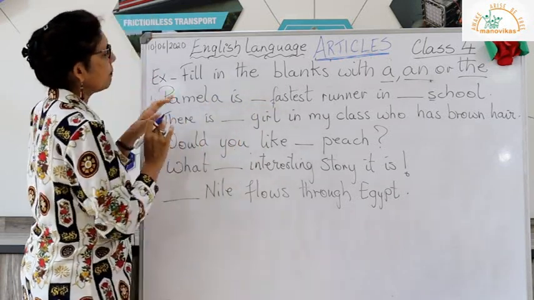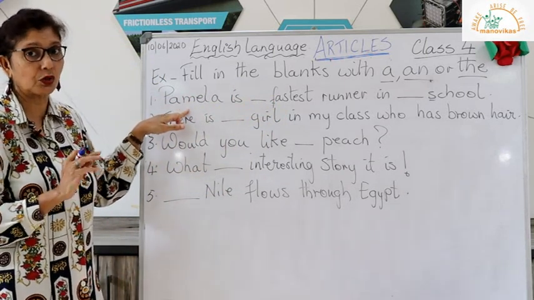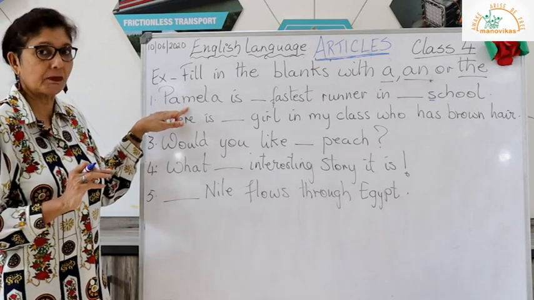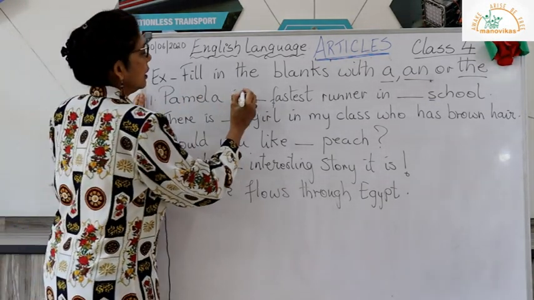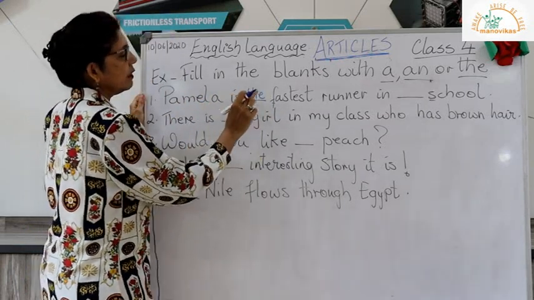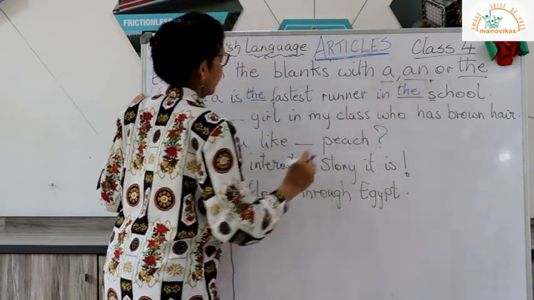We are talking about a particular girl here. We are talking about Pamela. We are not just talking in general, we are talking about Pamela. So when it is a particular person or thing, we use the definite article, that is the. Pamela is the fastest runner in the school.